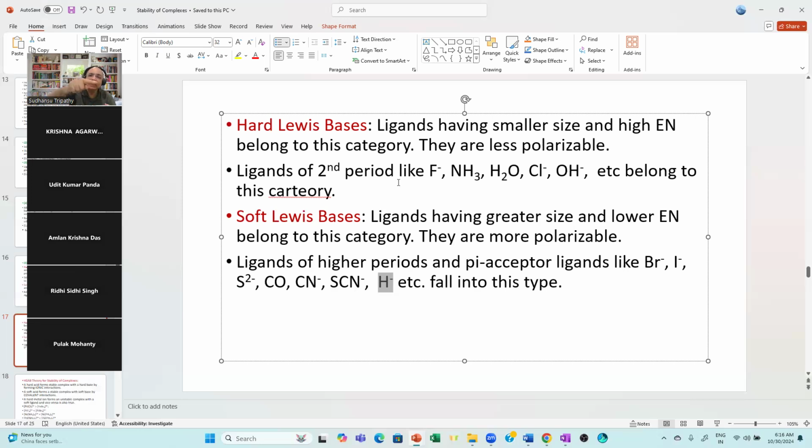Fluoride will form a stronger complex with a 3D metal ion like Fe3+ than the iodide ligand. A hard metal ion, a Lewis acid having small size and high charge, will form a more stable complex with a hard ligand, like fluoride or aqua, than with iodide, bromide, and sulfide. Similarly, a soft Lewis acid or metal ion like 4D, 5D, and other metal ions.